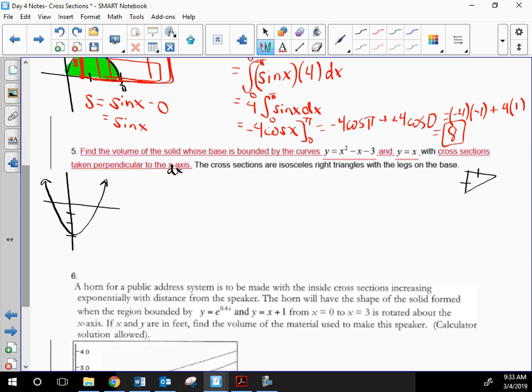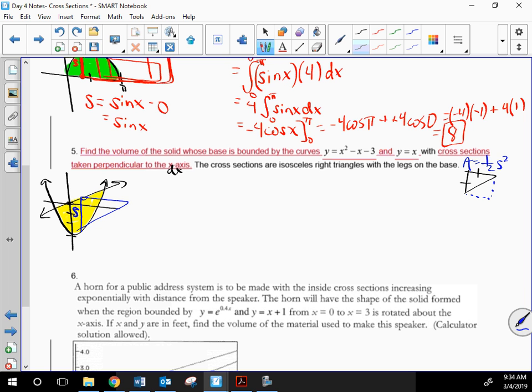Can we find some points now? Okay, and then y equals x. So we're looking at this region here. We've got to figure out where those intersect. It says we have cross sections perpendicular to the x-axis, and these are isosceles right triangles with the base. So I'm just going to draw one of them. Here's my side, and my shortcut when my side is on the base, remember, is half of the square, so it's 1/2 side squared.